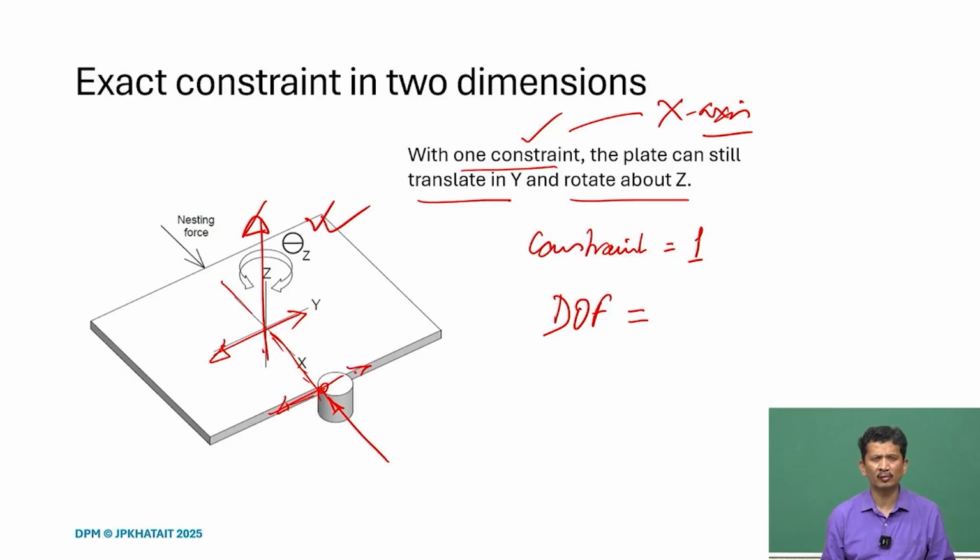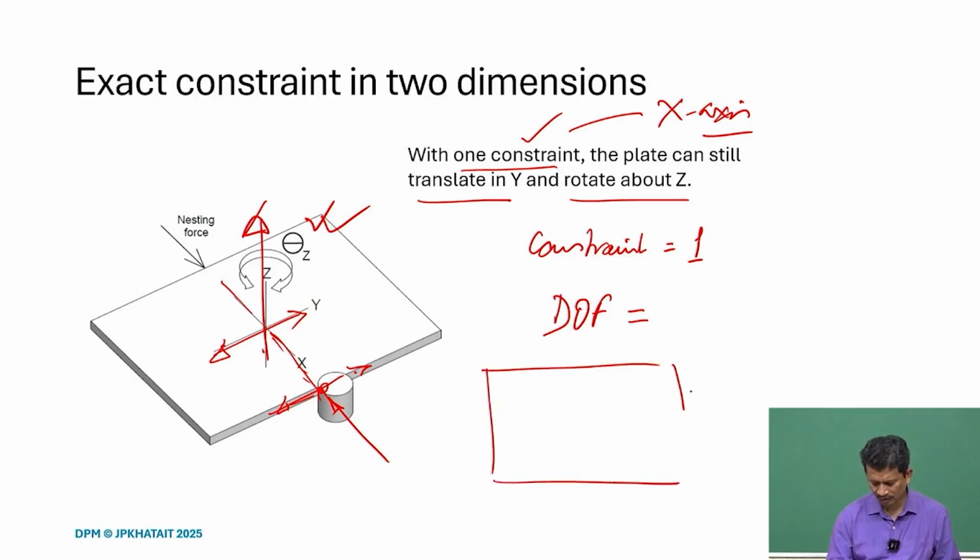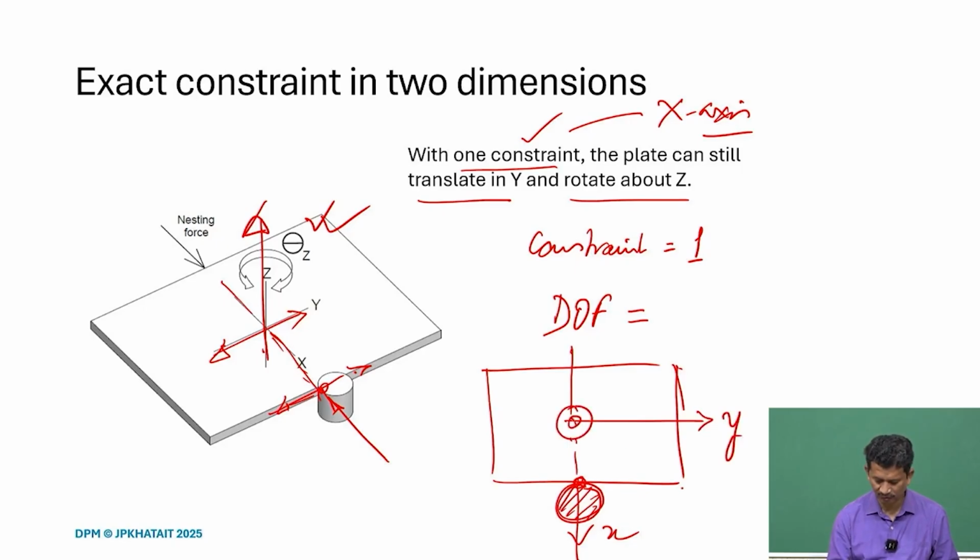So, it means it is possible to give that rotation z also. It is very easy to see if we just check this figure. This is the post, and this is the contact, and this is the x direction, and this is y, and this is the z we are talking about, the theta rotation.